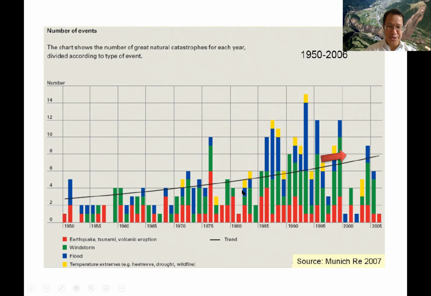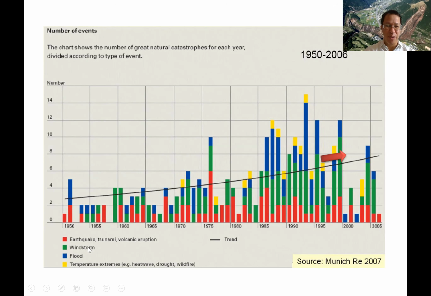However, if you look closely, the colors shown in green, blue, and yellow are all the hazards related to the weather. It might be climate change or whatever. But anyway, we can see that the weather-related hazards are actually increasing.